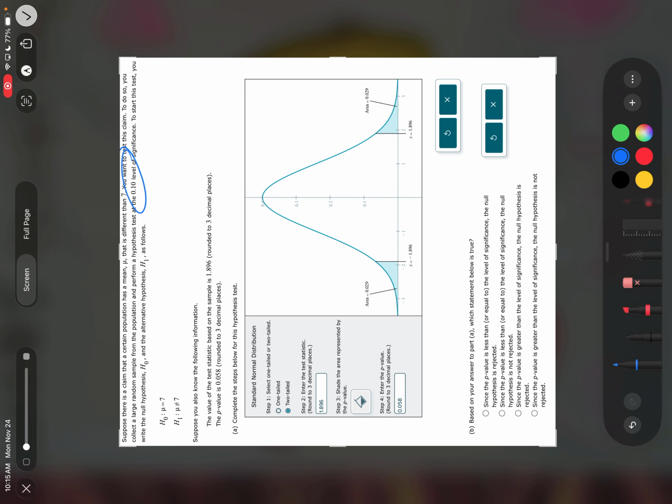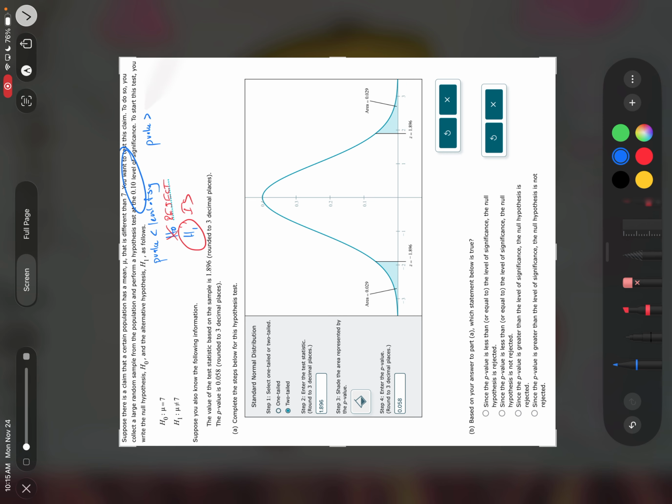So we look at the level of significance. If the p-value is less than the level of significance, you reject H0, and there is evidence to support this one. This is just how I remember it.